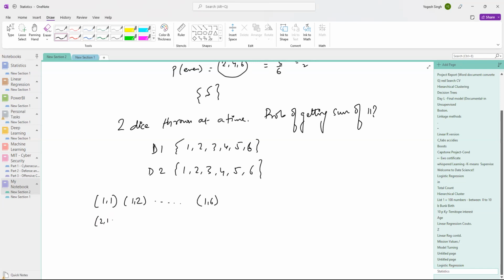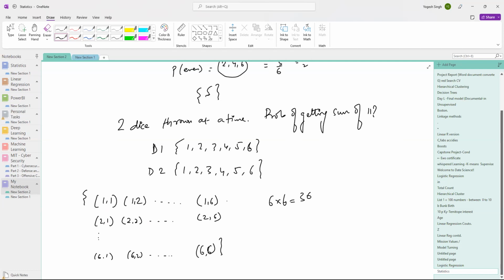Yes. Then (2,1), (2,2) till (2,6). And likewise, it will go till (6,1), (6,2) till (6,6). This is our sample space. How many elements are in the sample space? 6 cross 6 is equal to 36. So I got 36 elements.